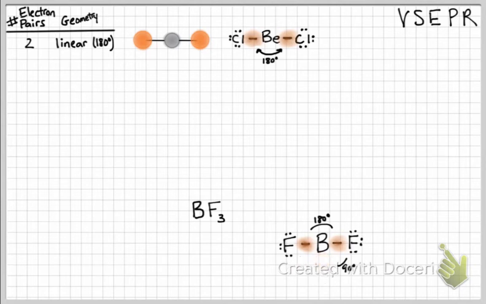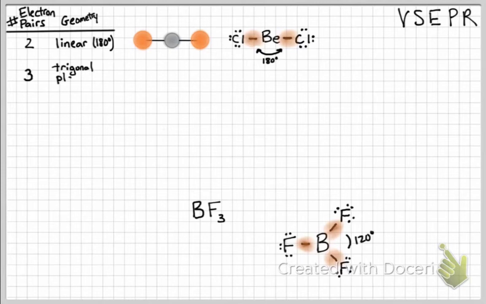In this case, the furthest away we can move them is to arrange them symmetrically in the plane of the paper and as far away from each other as possible, which is 120 degrees. So for 3 electron pairs, we get what is called a trigonal planar geometry with 120-degree angles between all the electron pairs.